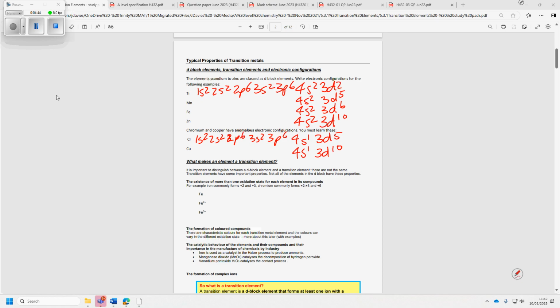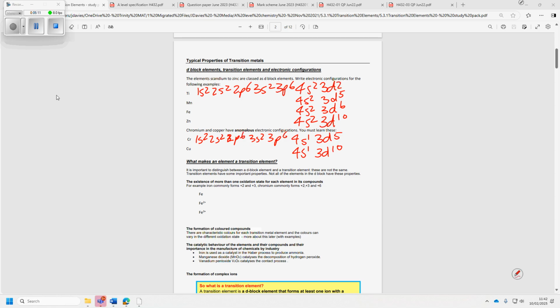What we now need to think about is what makes an element a transition element. Transition elements have some very, very interesting properties. They are able to form more than one oxidation state for the element in its compound form. So we're not talking about the actual element as the element, but when it's in a compound, we've got variable oxidation states.